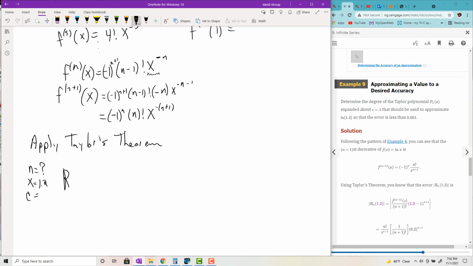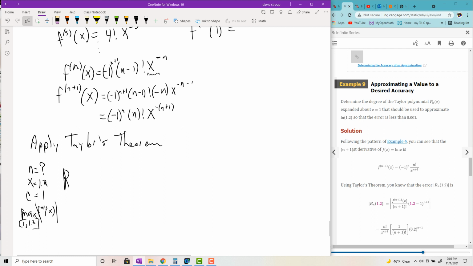The c value, the center, we centered it at 1. And then we need to know the max of the n plus first derivative on this interval from the center to 1.2, so from 1 to 1.2. And it's the absolute value of that f to the n plus first derivative.